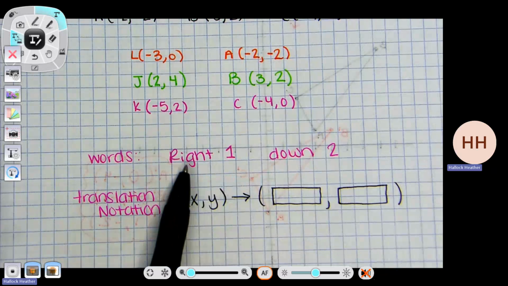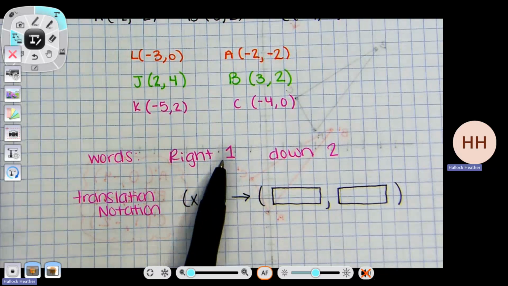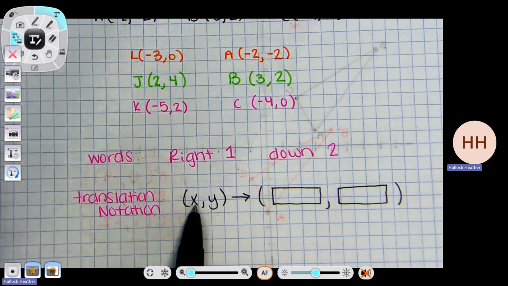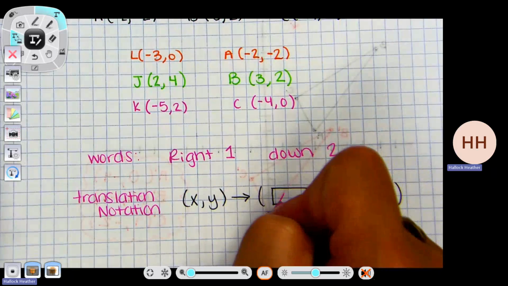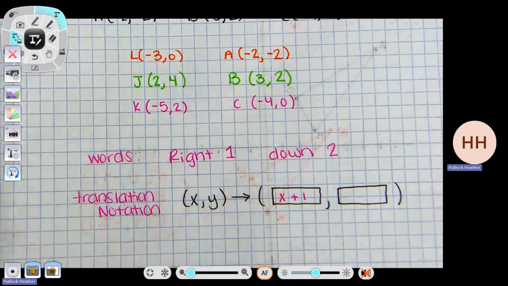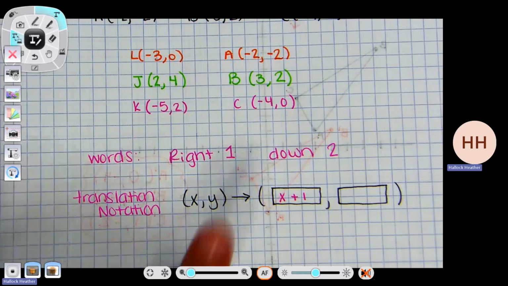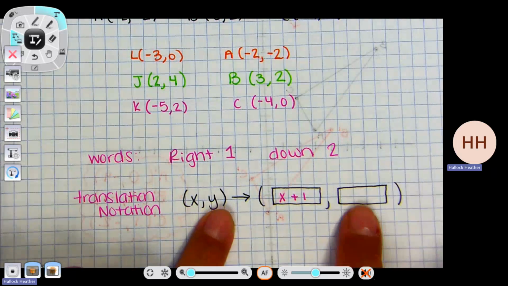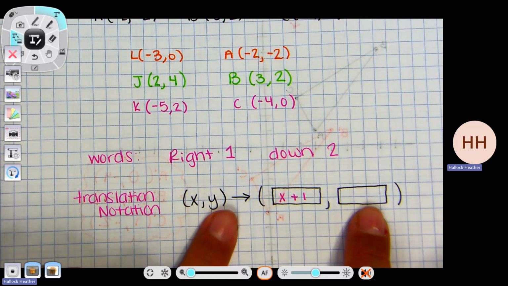Now, you can't write right 1. So mathematically, what are you doing to your X? We're plussing 1. So in the little box, you would write X plus 1 because you're going to the right one. And then for the Y, after your little comma, how would you say down 2?